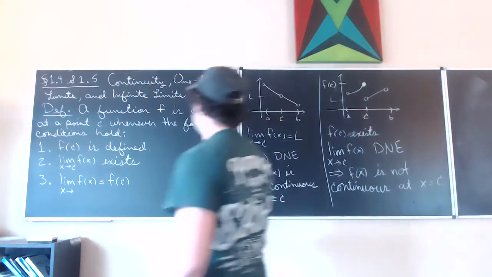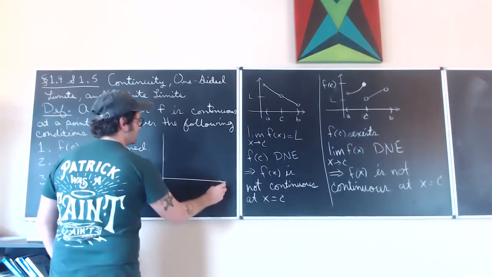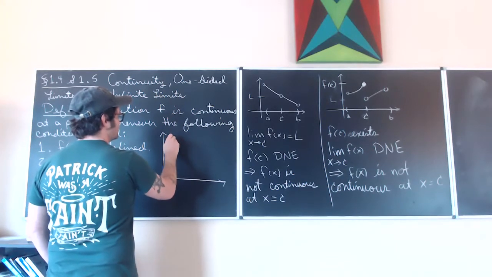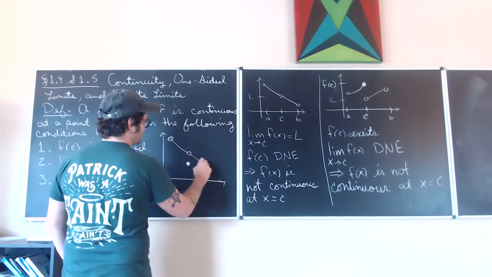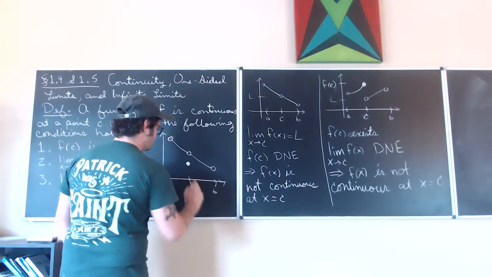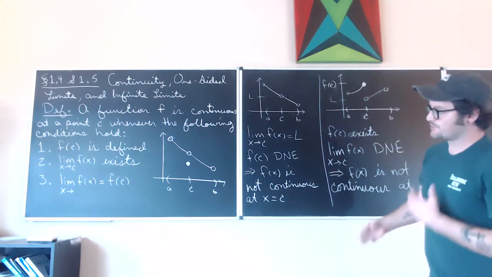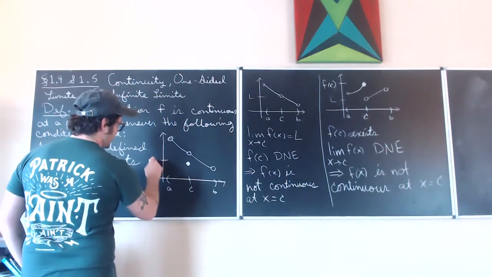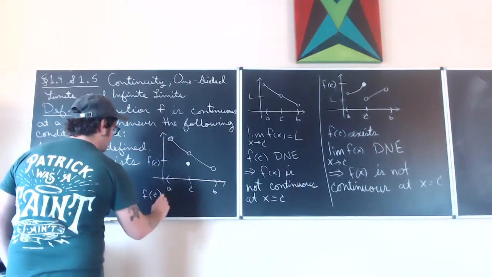And then maybe I'll do one more picture here. So suppose we have some picture like this. This is a third possibility for a function not to be continuous. Here we see that f of C is defined, so f of C exists.